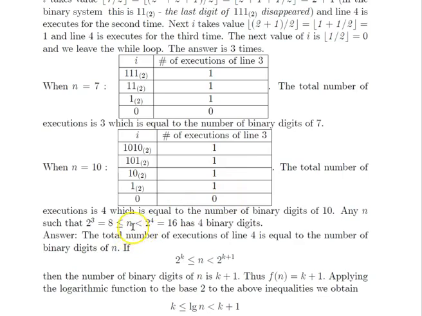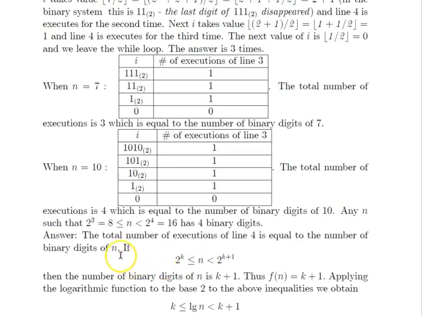In this case, 10 is greater than or equal to 8 and less than 16. Any integer n in this range will have 4 binary digits, and f of n will be 4.